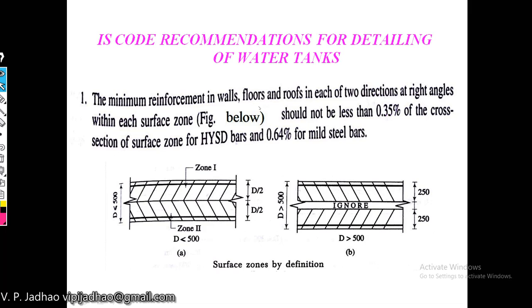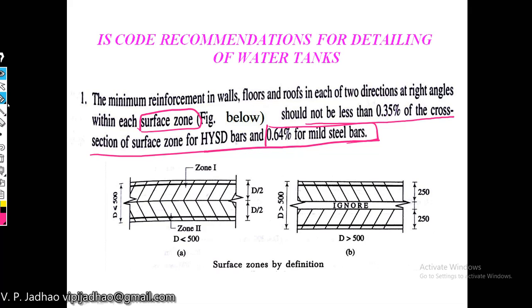The minimum reinforcement in the floor and roof, in each of two directions at right angles within each surface zone, keep in mind this word surface zone, which is shown in the figure below, should not be less than 0.35% of the cross section of the surface zone for HYSD bars, and 0.64% for mild steel bars.